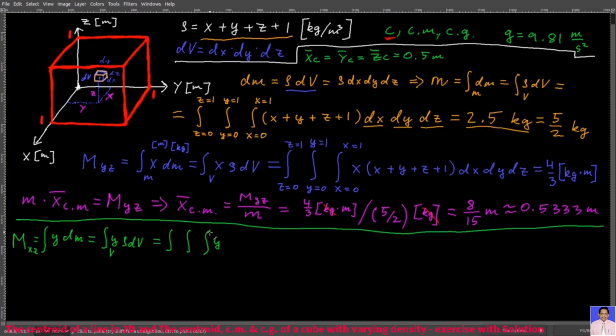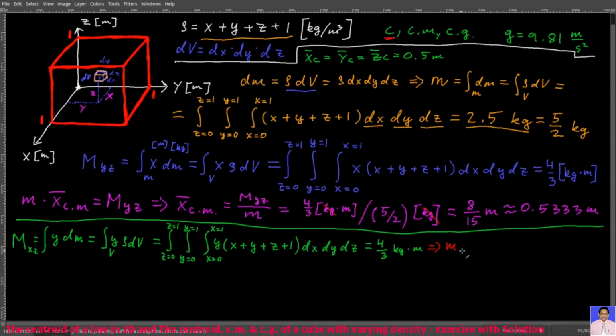In the end you will have a triple integral where you have y times the density times dx times dy times dz, and essentially you have the same story. If you calculate this triple integral, you will again get 4 over 3 kilograms times meters. It's not very hard to do by hand, but if you don't want to, then you have Wolfram Alpha.